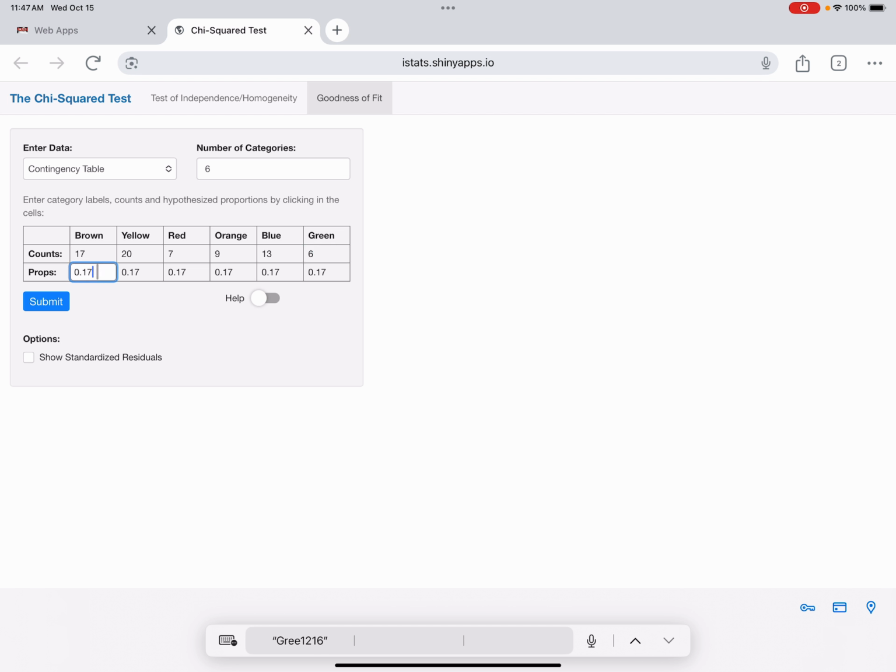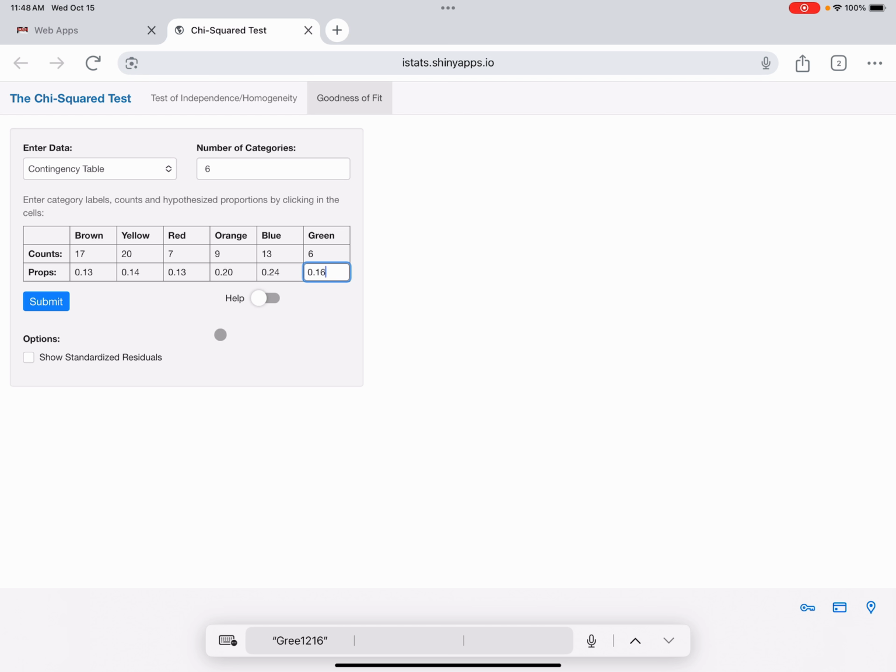Okay, and then for the proportions, we expected 13% brown. We expected 14% yellow. We expected 13% red, 20% orange, 24% blue, and 16% green.